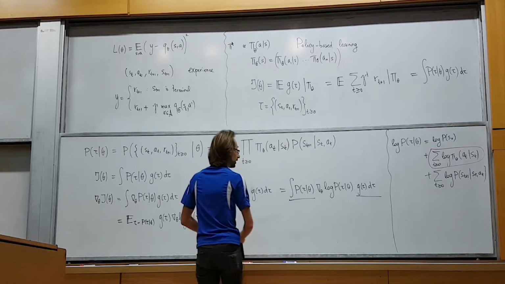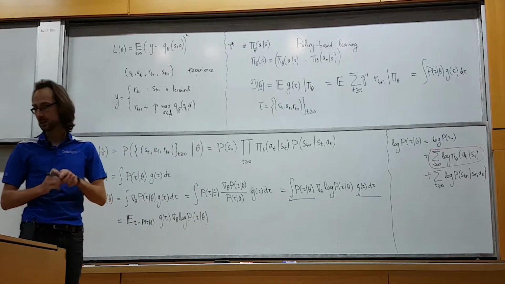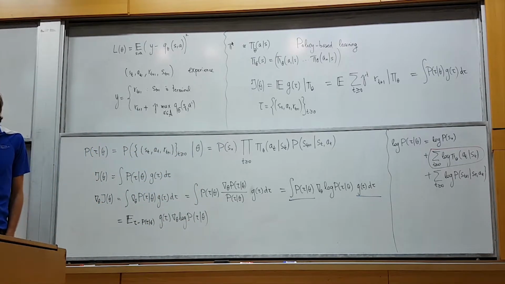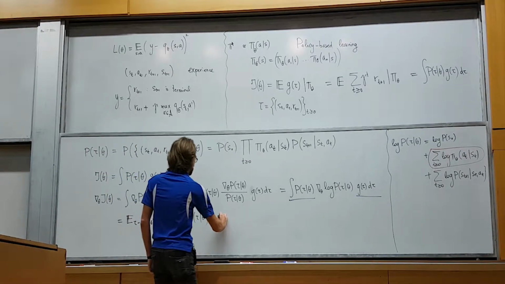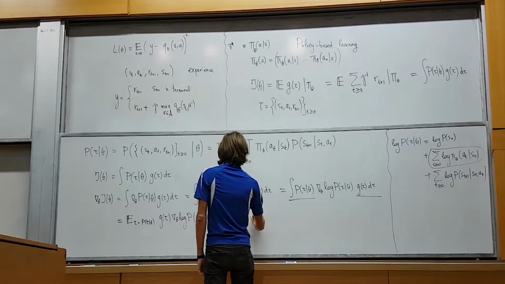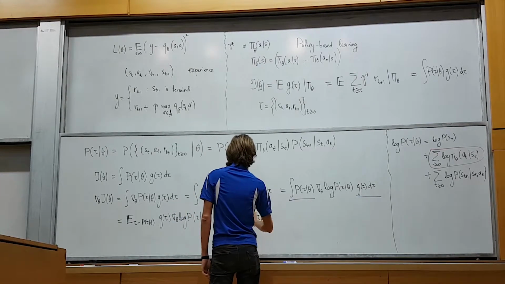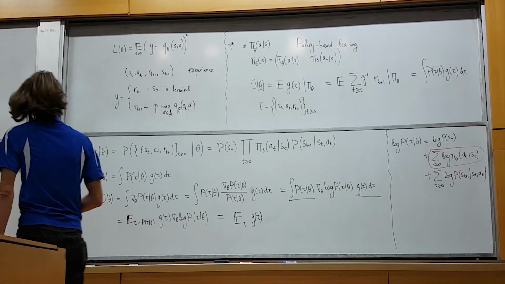So we can write this. Let's substitute this explicitly. So we have an expectation over tau of G tau. We have the gradient. Let's write it as the sum, right?